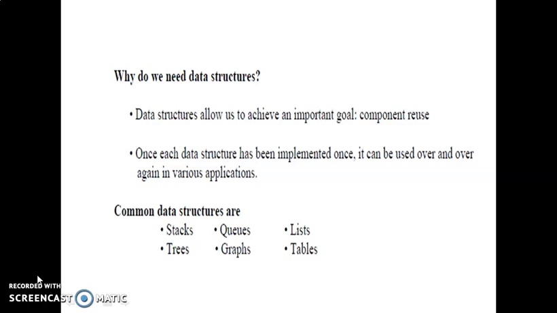Once the data is successfully stored using one of the data structures in a memory location, that stored data is efficiently used with a variety of algorithms and applications in an effective manner. For that purpose we need data structures. Common data structures are stack, queue, list, tree, graph, tables.